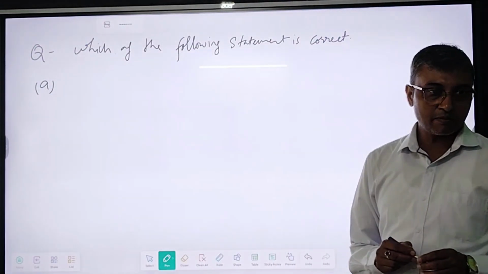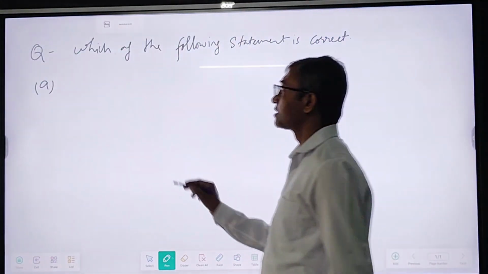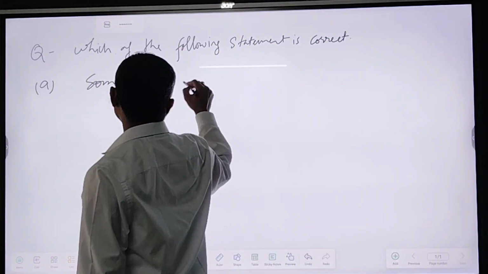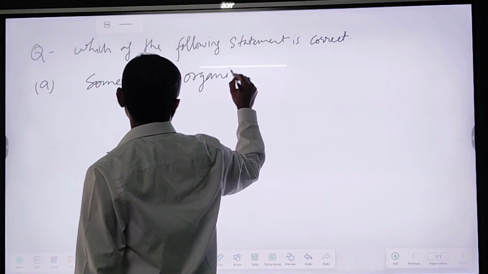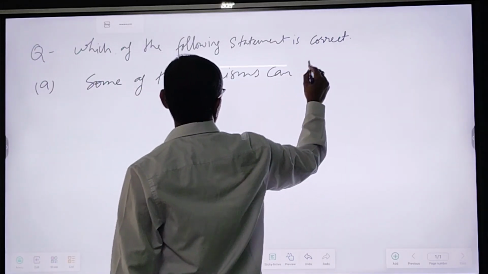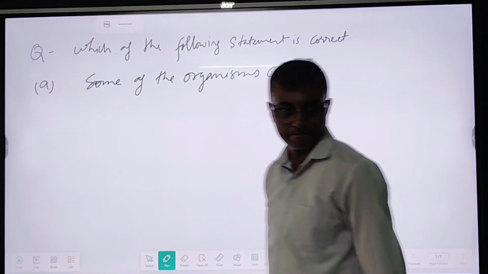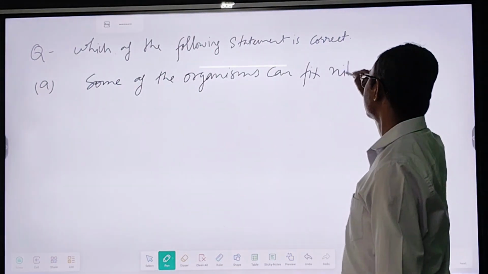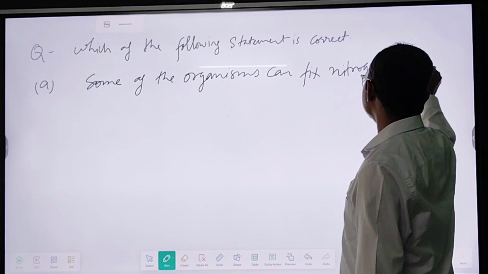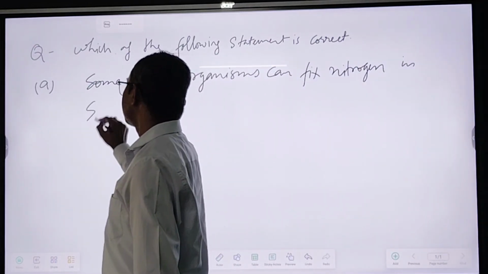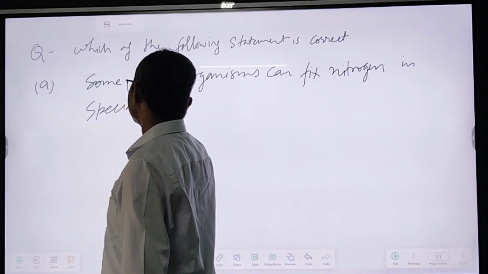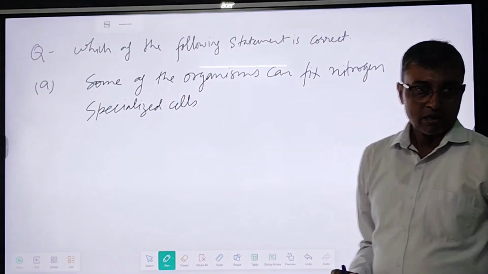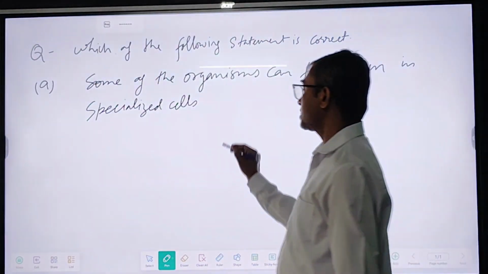The first is, some of the organisms can fix nitrogen in specialized cells called sheath cells.